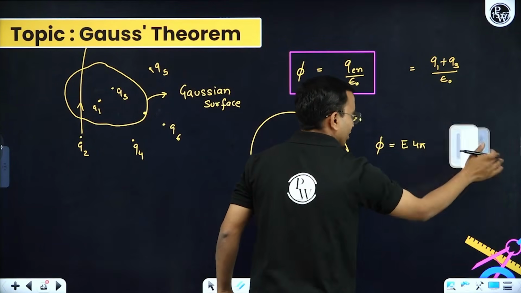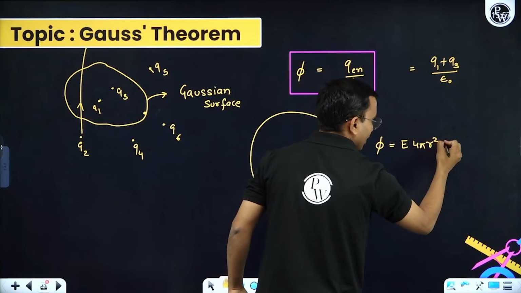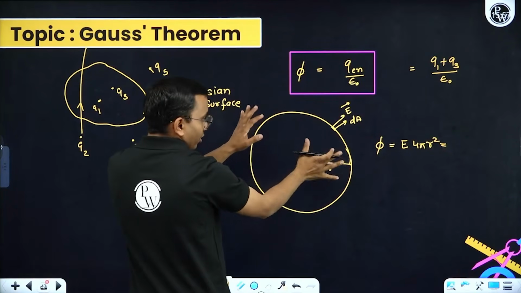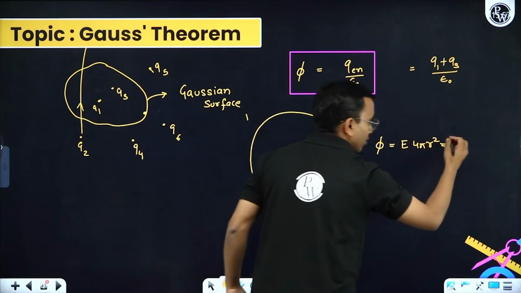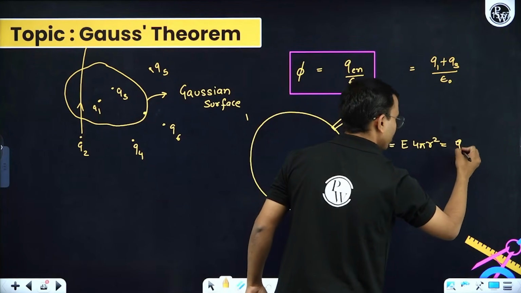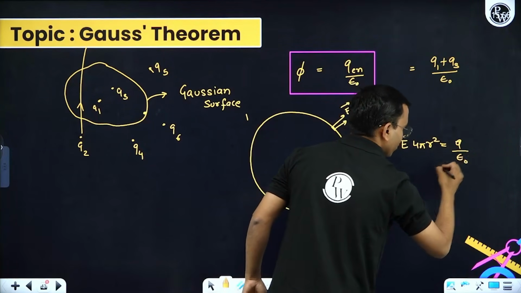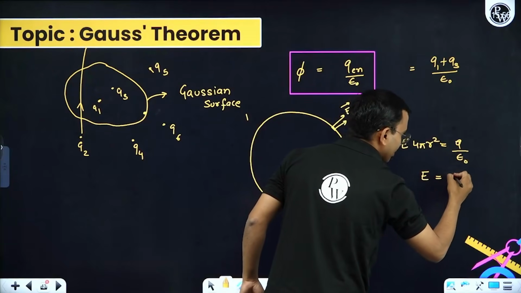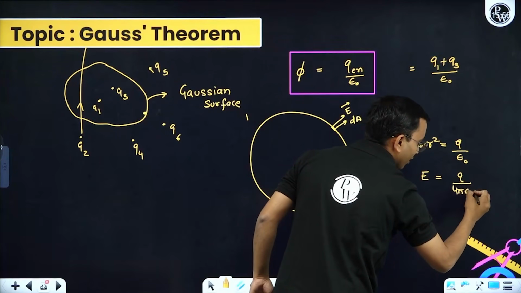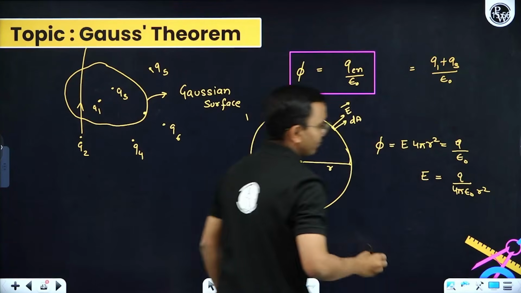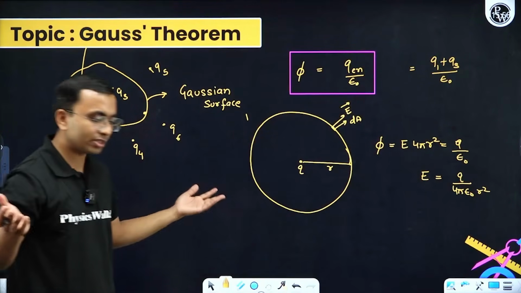And by Gauss law this total flux from this Gaussian surface is equal to Q enclosed by epsilon naught. Q enclosed is Q by epsilon naught. So we got the expression of electric field as Q divided by 4 pi epsilon naught r square, or we say kq by r square, the same thing.